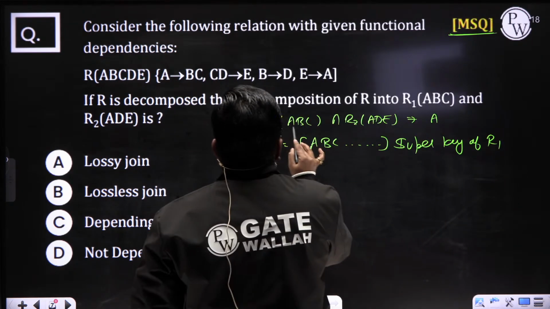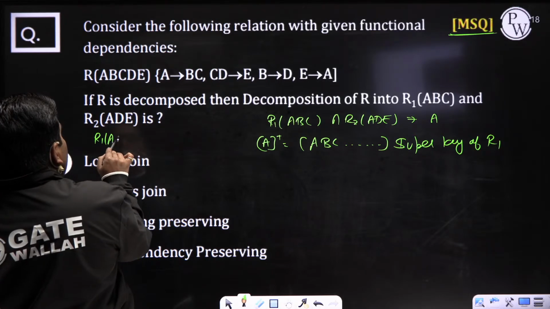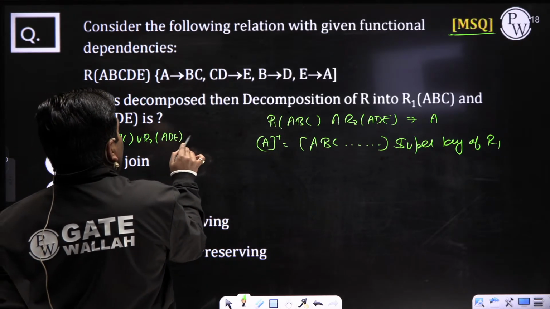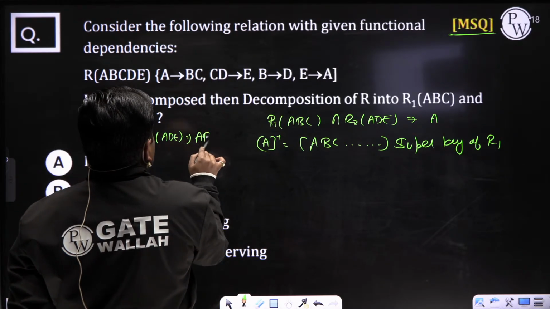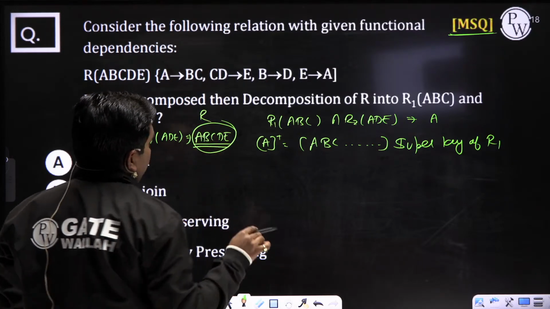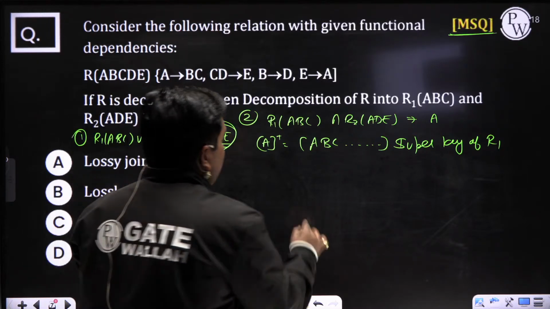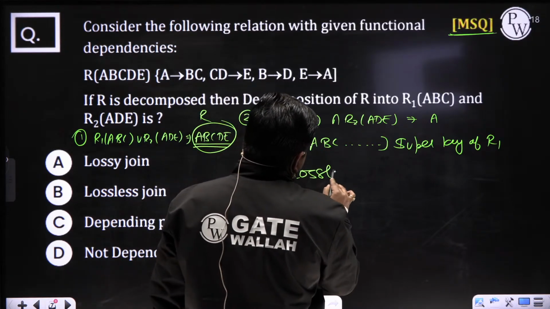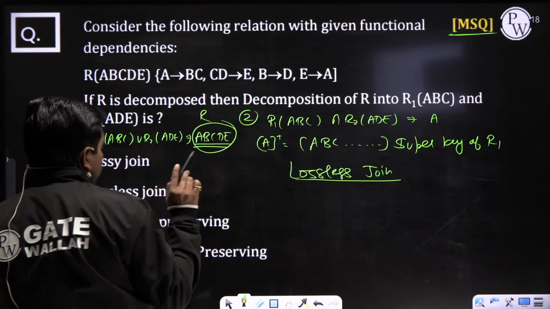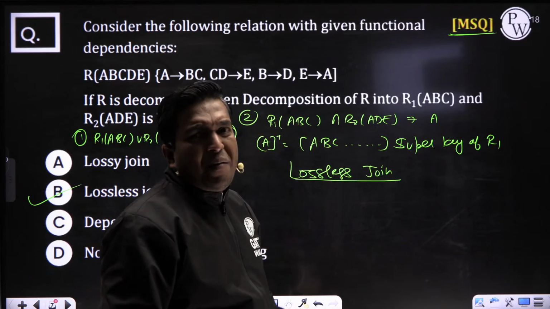Also, when you do the union of R1 ABC and R2 ADE, you get A, B, C, D, E, all attributes of relational schema R. First condition satisfied, second condition satisfied, so you can declare it a lossless join. So B is the correct answer. Most of the students say A is correct, that is completely wrong, my dear.